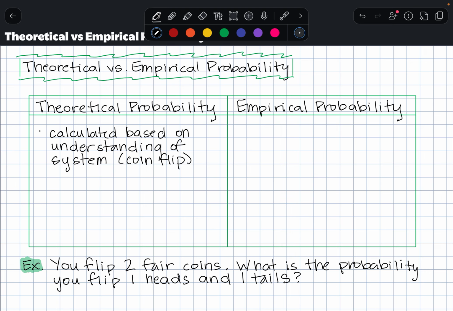And in that case, we calculate the probability of event A happening by taking the number of ways to get outcome A and dividing it by the total size of our sample space, or the total number of outcomes.